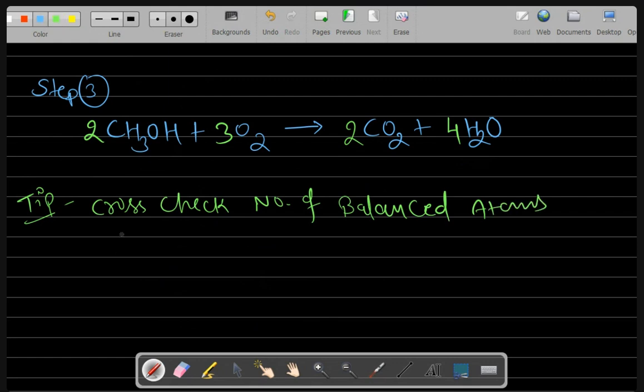That is our tip: we count 2 carbon, 8 hydrogen, and 8 oxygens on one side, and 8 oxygens on the other side as well. That means the reaction is completely balanced. Done.